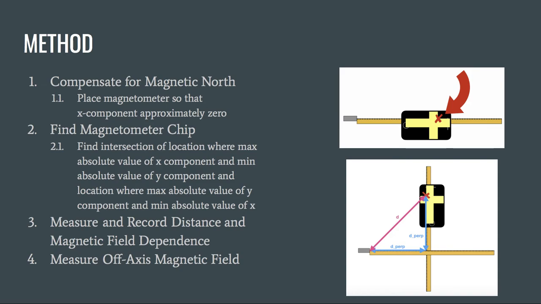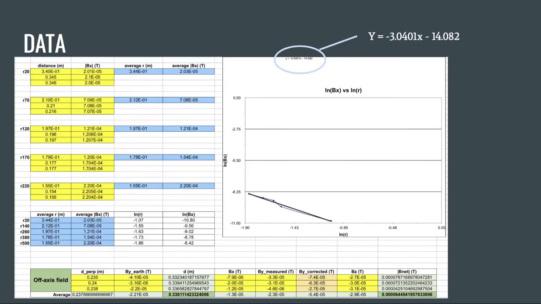We then measured and recorded the distance dependence of the magnetic field and measured the off-axis magnetic field, which is shown in the bottom picture on the right. Some data from this experiment is shown here, and the linearization found using this plot was y equals negative 3.0401x minus 14.082.